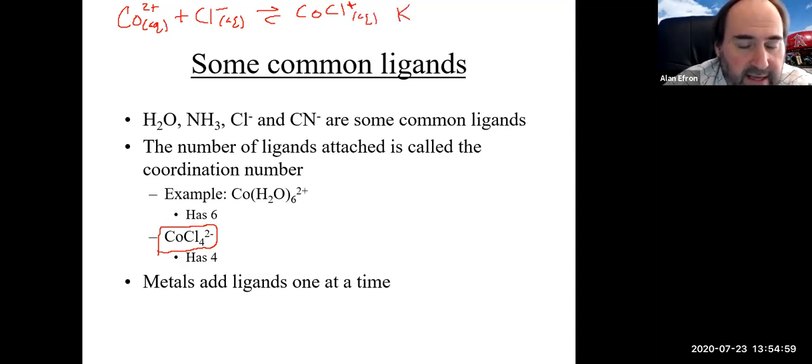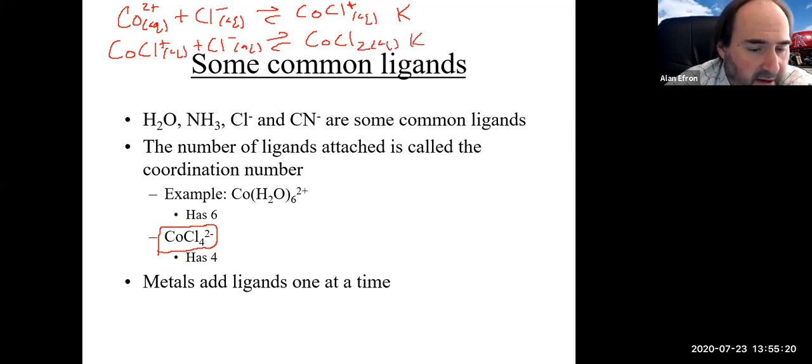And you could have a K value for that process. The next thing that would happen is that CoCl plus would add on another ligand, giving us our normal ionic compound, which can also have an equilibrium constant associated with it. Then our next step will put on the next Cl minus.